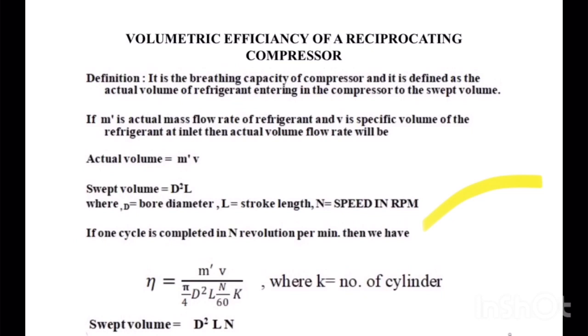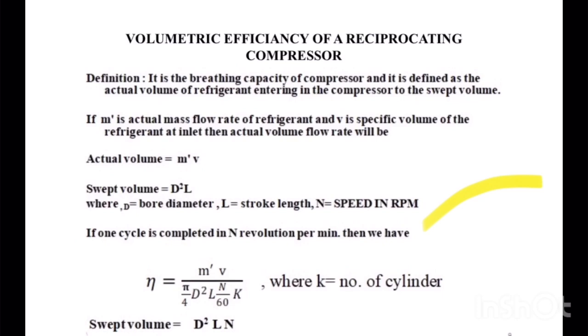And the swept volume we generally represent as pi by 4 d square L, or area multiplied by length, where d is the bore diameter and L is the stroke length. If there is a speed of the compressor, then we also need to multiply with n, which is the speed in RPM.